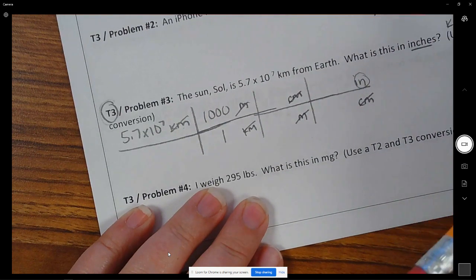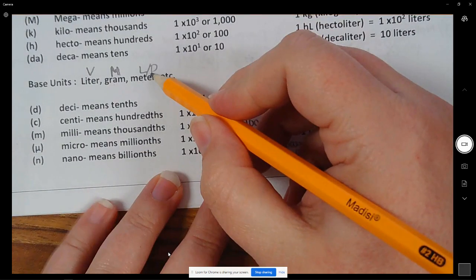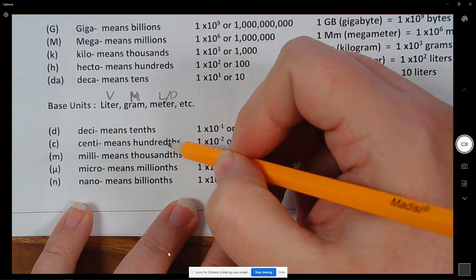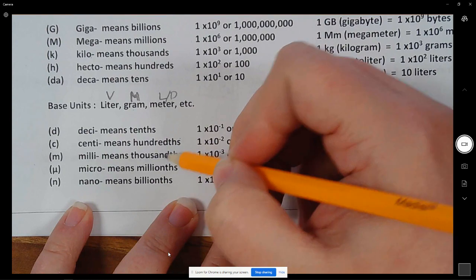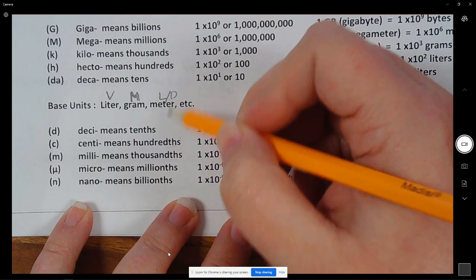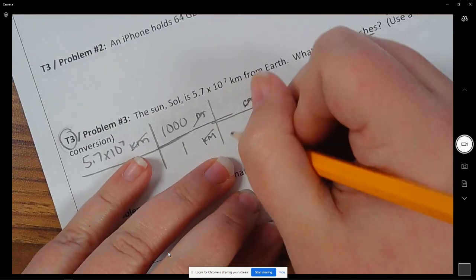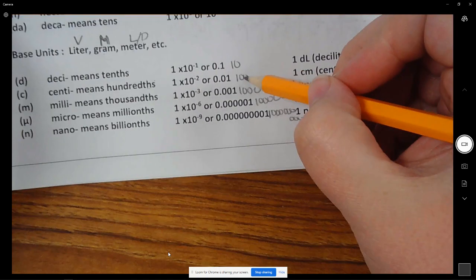Now that I have meters, I want centimeters. My prefix is lower than my base, so my base gets the 1. So 1 meter is 100 centimeters.